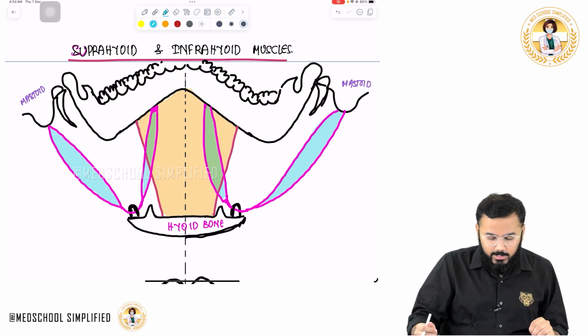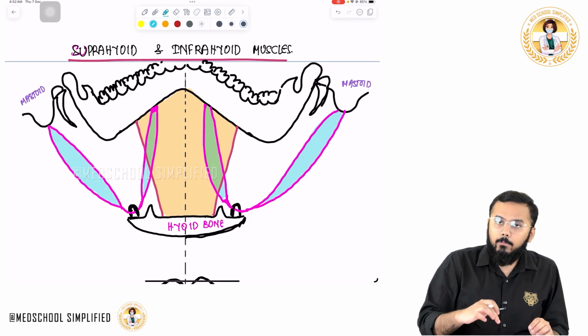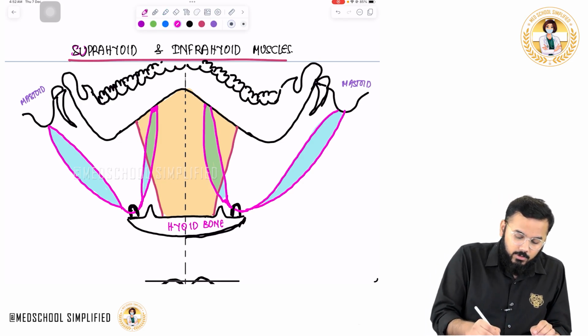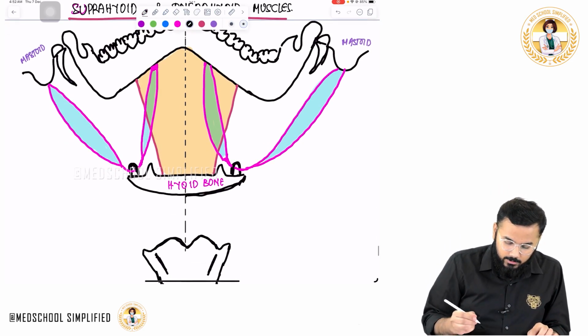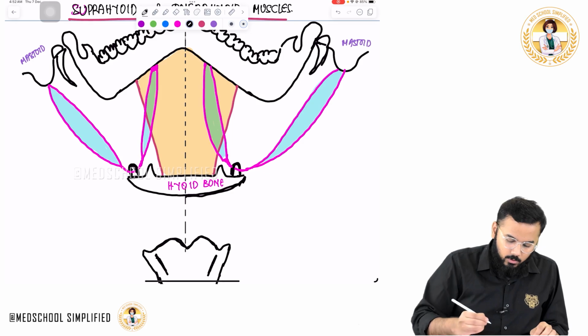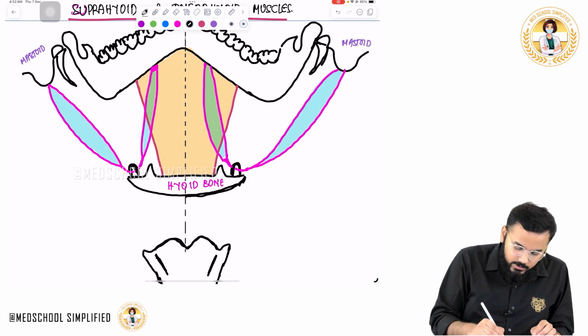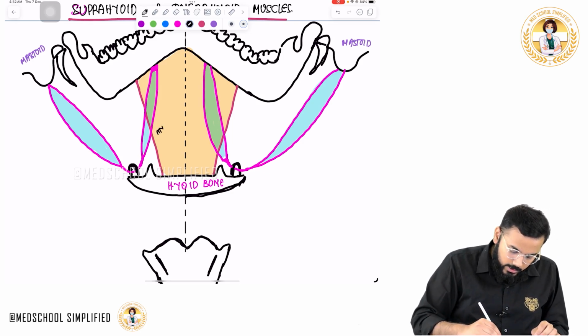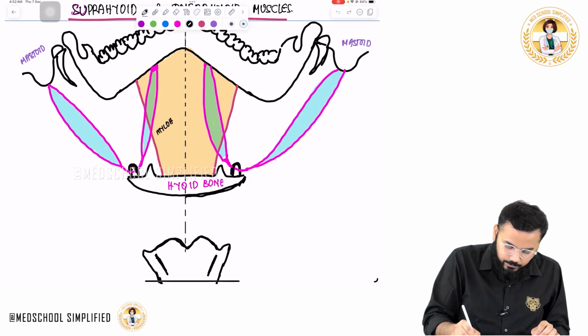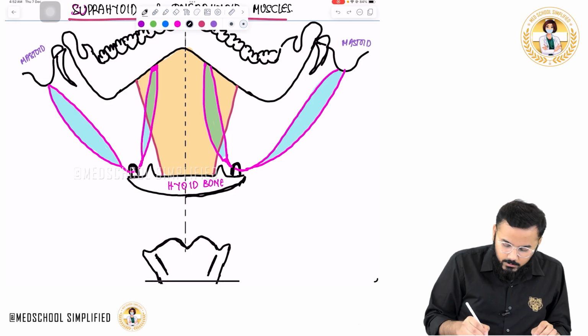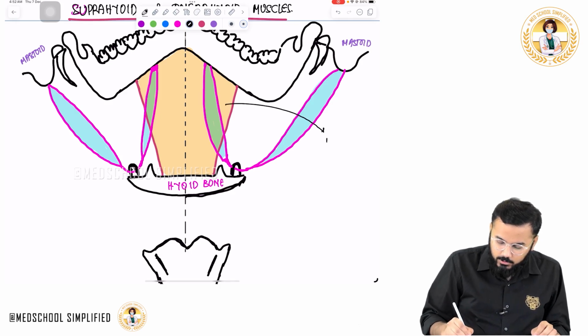Now the second important thing is the way the mylohyoid muscle is attached. If you are getting confused, let me write down the names. This particular muscle over here is called your mylohyoid muscle.